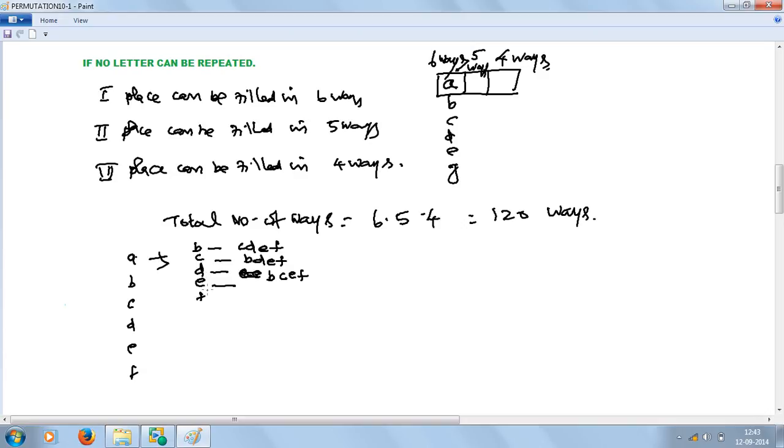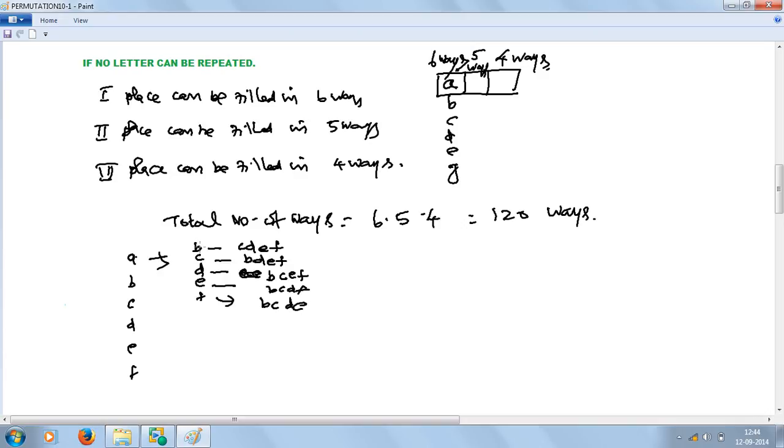You can write B, C, D, F. What about this F? A and F I have used. A you cannot use. So B, C, D, E. You can write the first four. F you cannot use. So here 1, 2, 3, 4, 5.